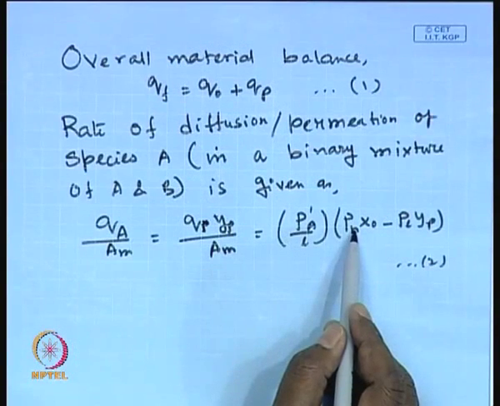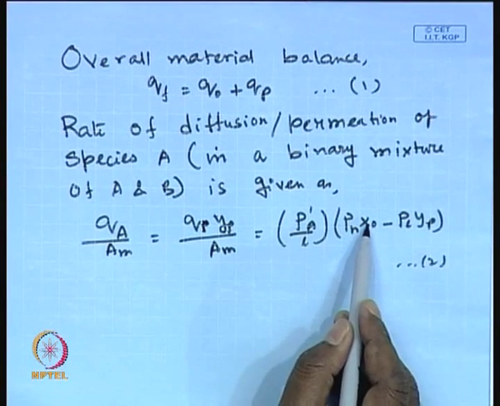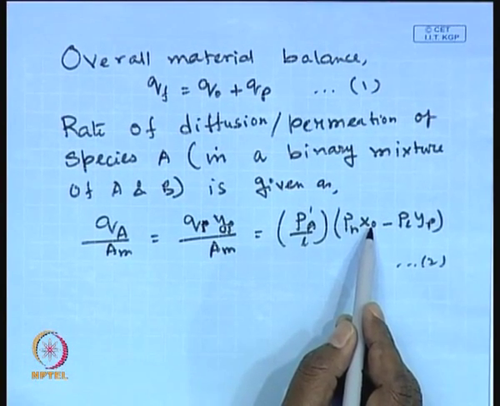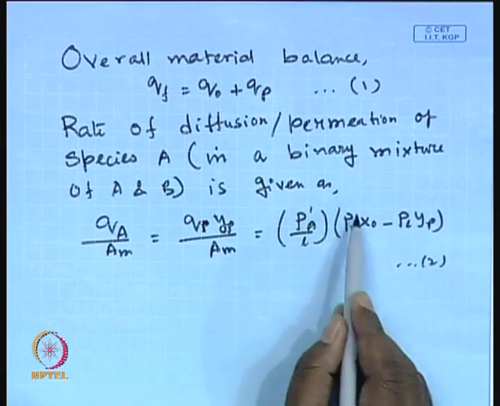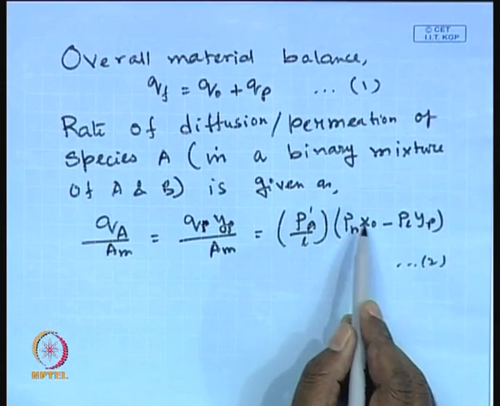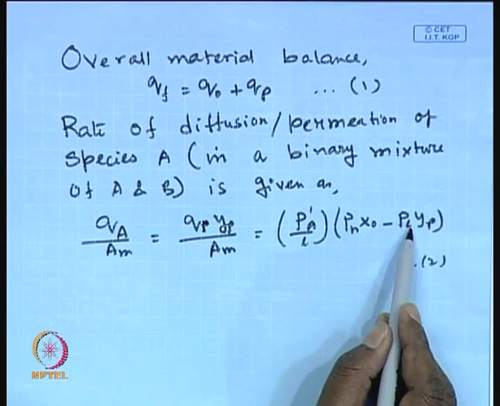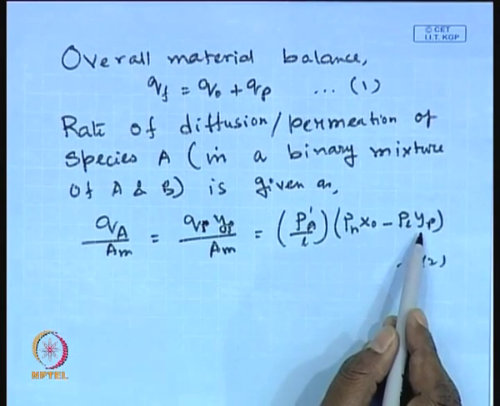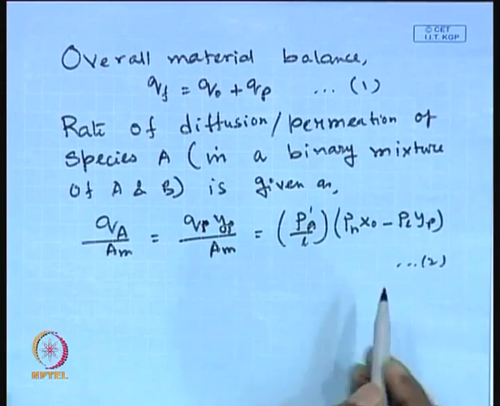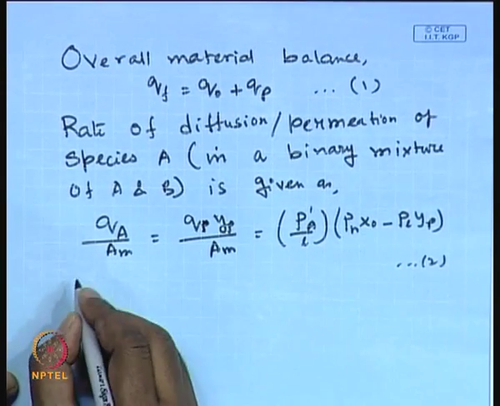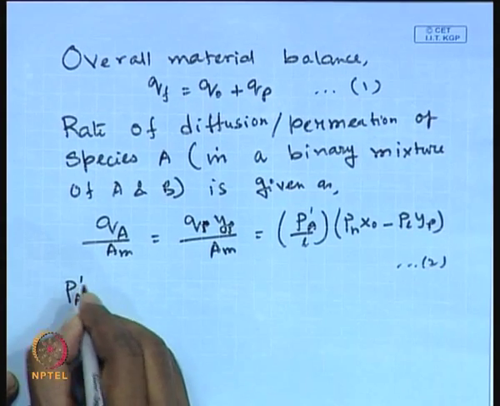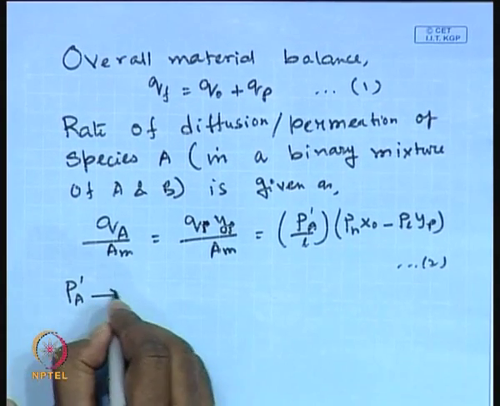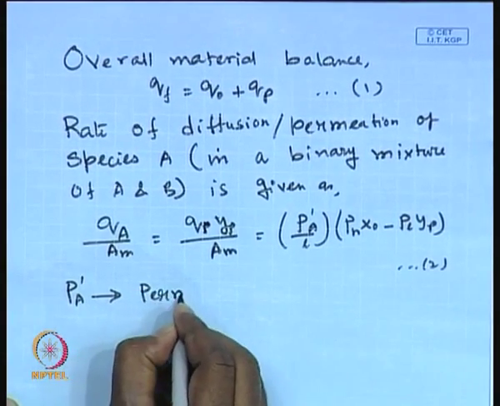So, PH is the total pressure in the feed side multiplied by the mole fraction of A in the feed side, which is the partial pressure of A in the feed side, minus PL, the total pressure in the permeate side, multiplied by the mole fraction of A in the permeate side. So, we write down the different notations. PA prime is the permeability of A in the membrane.